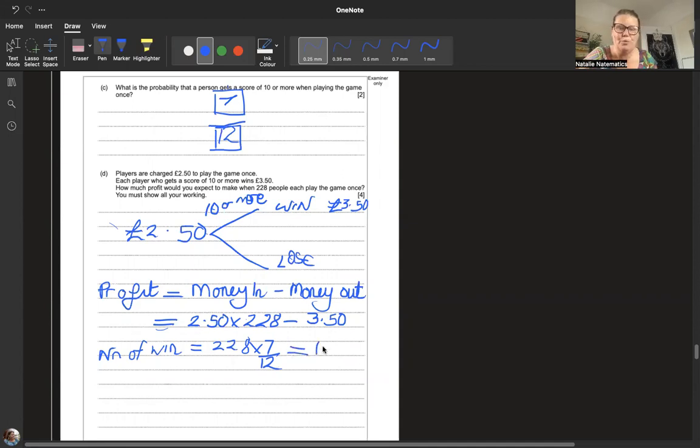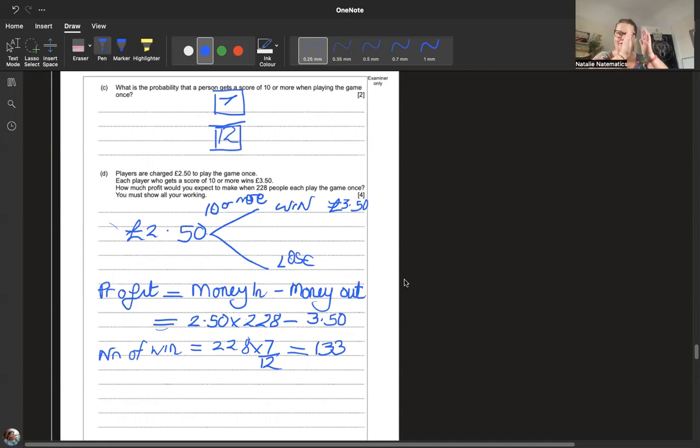So for every 12 people who play, 7 of them are going to win. That's what we're saying. So we're saying, well, how many lots of 12 people are there in this? So 228 divided by 12, which gives 19. There's 19 lots of 12.